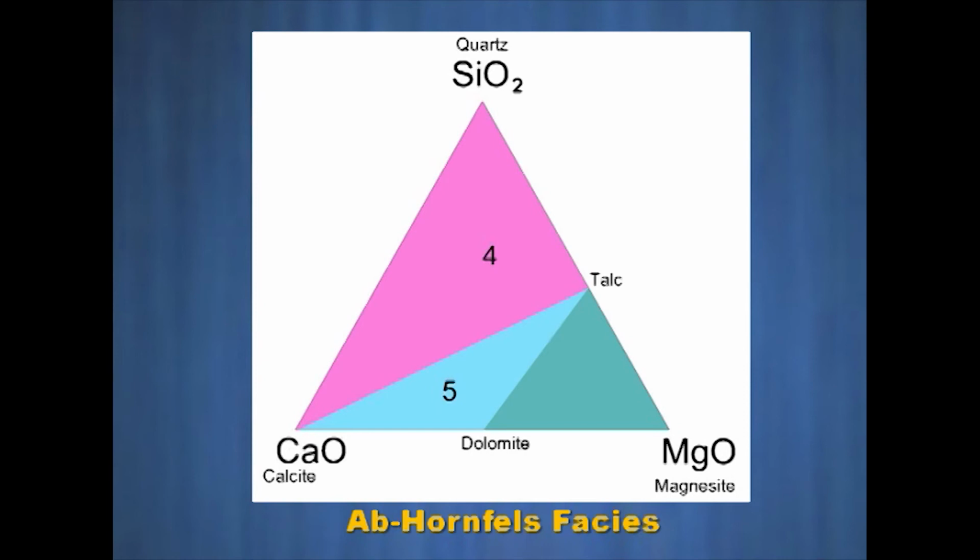If we observe, we can see the important assemblages: first is dolomite, calcite, quartz, and second important assemblage is dolomite, magnesite and quartz. These two are very important assemblages, mainly for dolomitic and calcareous marble assemblages.